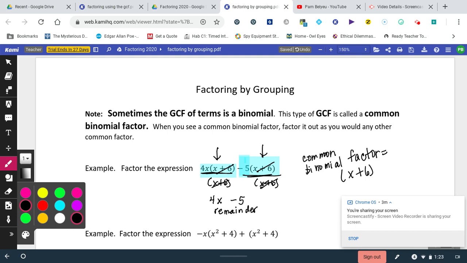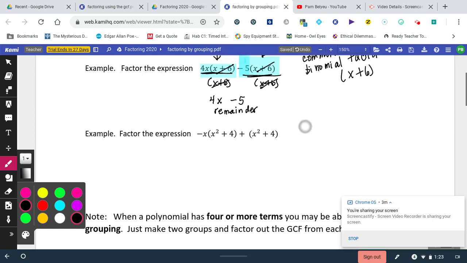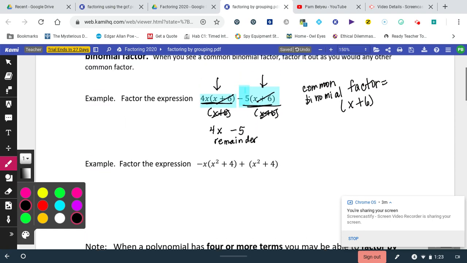So what you're going to do now is you're going to write the factored form like such. You're going to have the common binomial factor, all times the remainder.